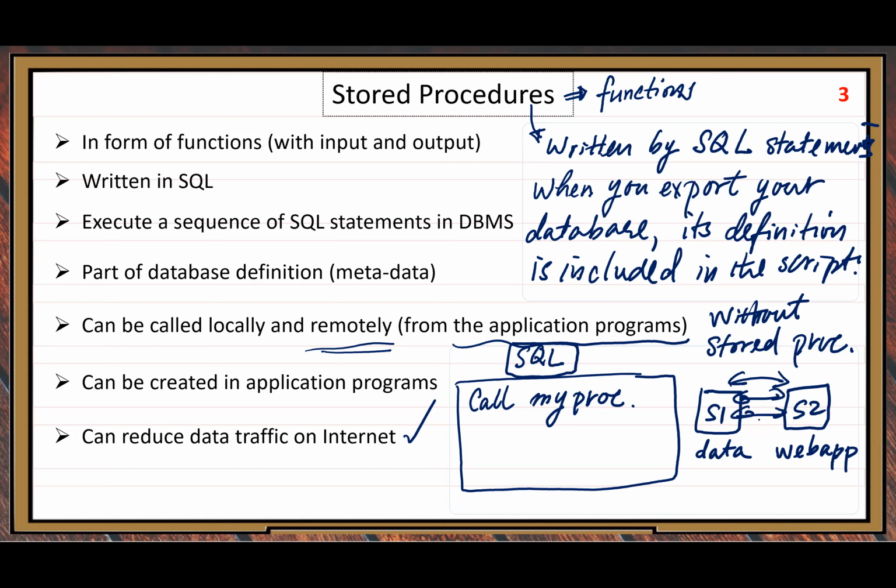Then you send query number 2 to the database server, and it returns a result. Then you do some more manipulation. Then number 3, number 4, number 5, until number 10, you complete all your business data processing work. Think about how much traffic you need. Back and forth, a lot of traffic, right?